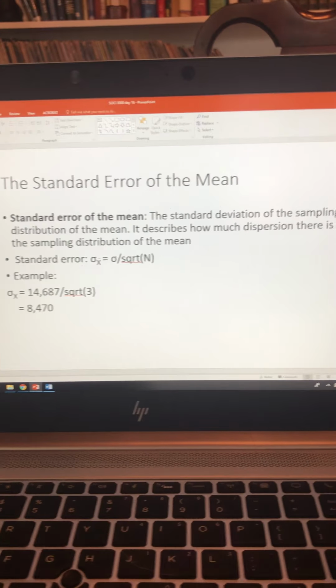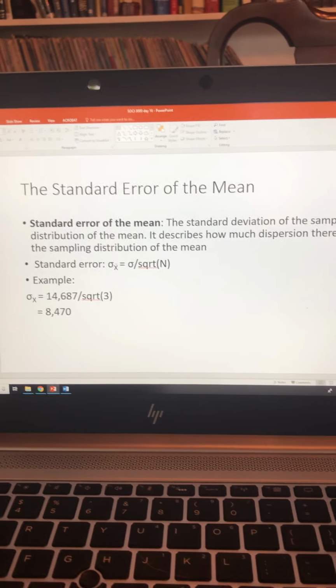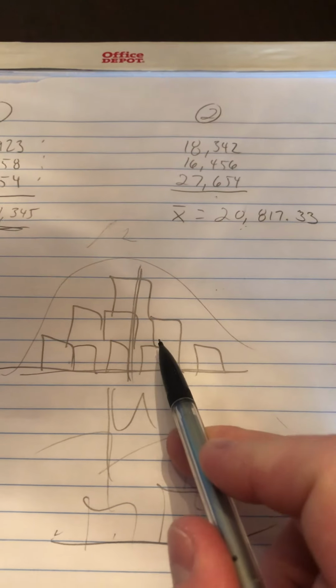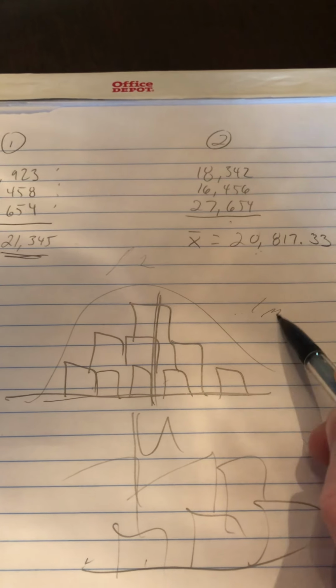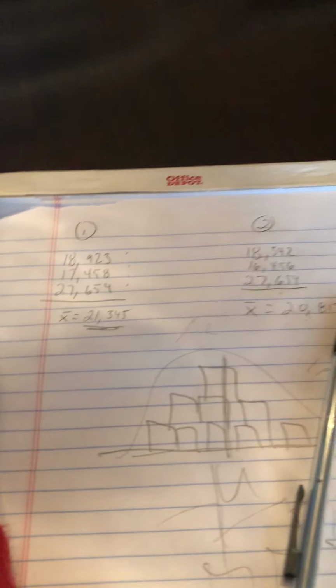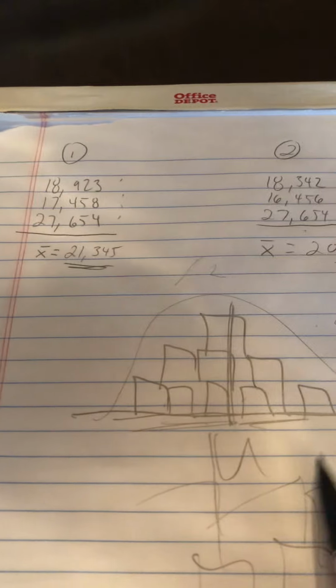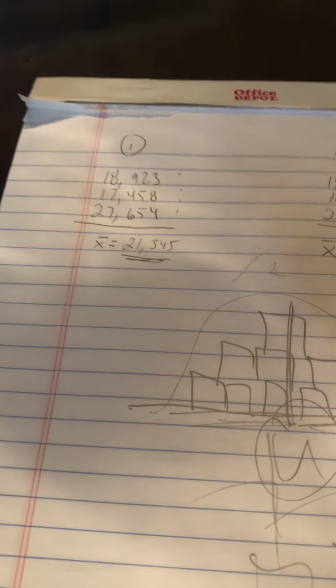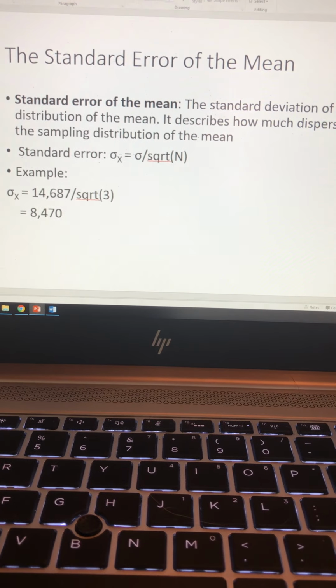Again, if we plotted all possible sample means linearly, just like this, and we took these sample means and divided by the total number of means to give us our mean of the sampling distribution, we would also want to know how variable the sample means are around the true population parameter. That's what we refer to as the standard error of the mean.